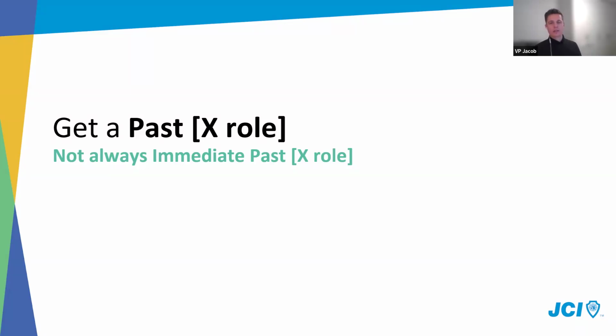Like imagine you're national president of a JCI country and you don't have an immediate past president because that person left to another country or whatever. Well, that's fine. Then you just get another one. It's not immediate past, but that role is there for a reason. We want to link the past, present and future. That also means if you don't have a deputy, you can still have somebody there working like it was there.